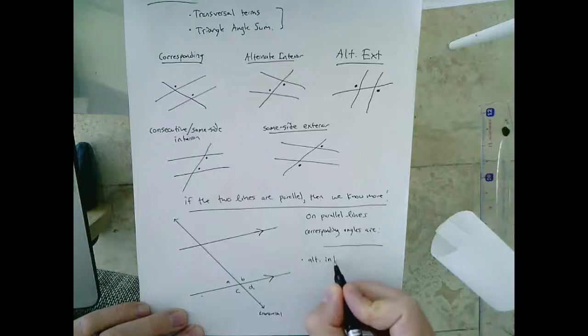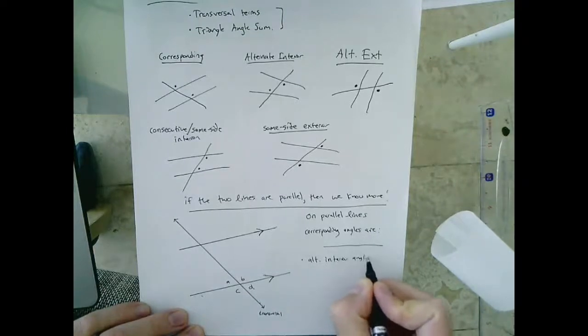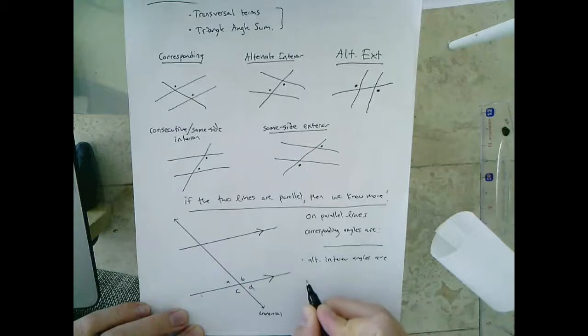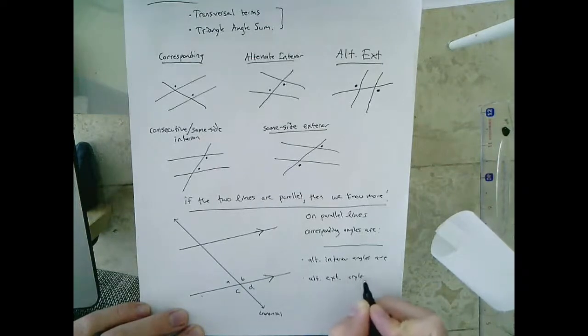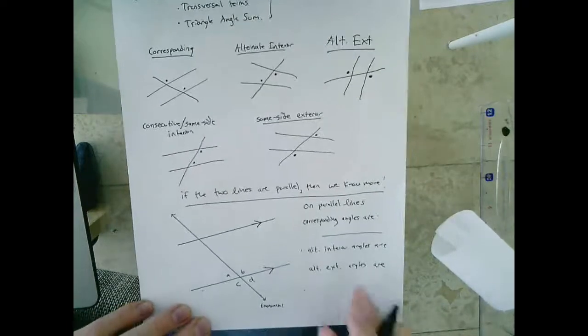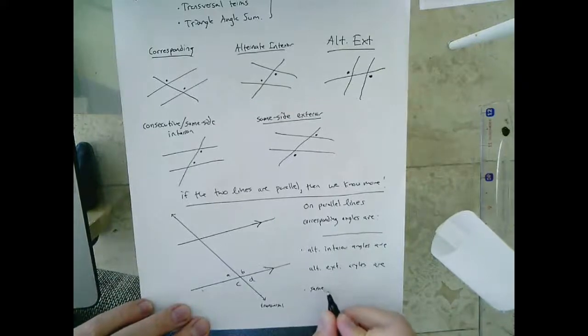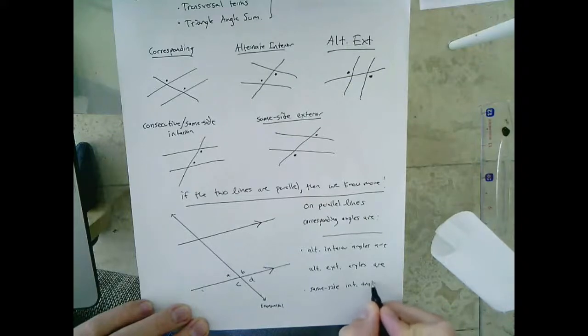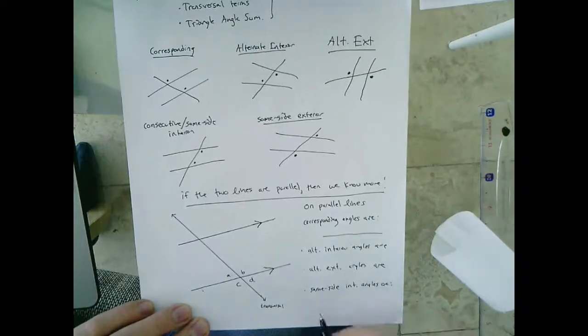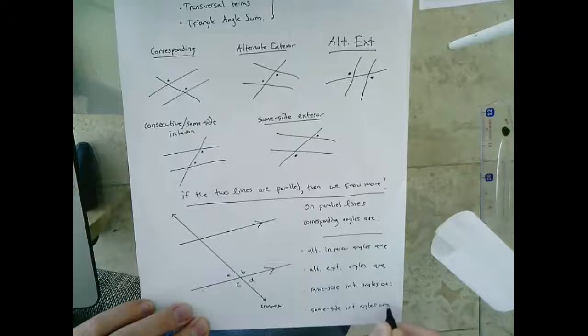Alternate interior angles are, alternate exterior angles are, same side interior angles are, and same side exterior angles are. Let's see.